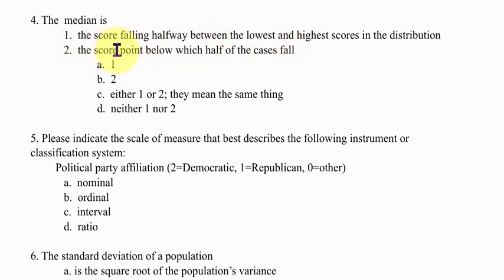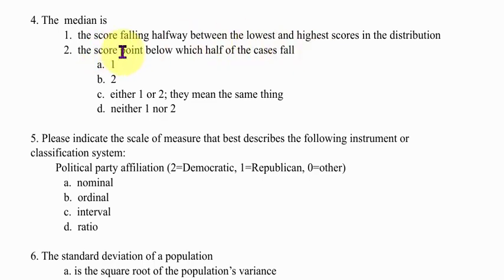The score point below which half of the cases fall. So which one of these is true? The score falling halfway between the lowest and highest in the distribution would be true if you had an odd number of data points. If you have an odd number of data points, one of them will be in the direct center, but that's not true if you've got an even number.